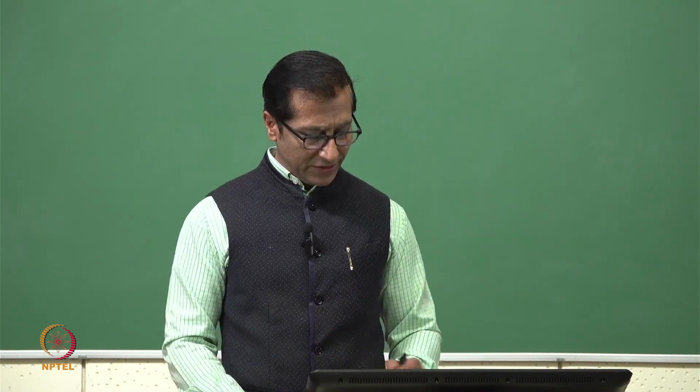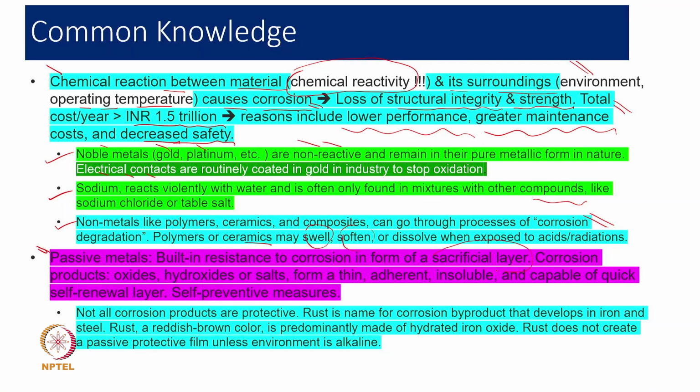This is what we sometimes call a sacrificial layer. This sacrificial layer can be an oxide, a hydroxide, or some sort of salt. But the good thing is that this sacrificial layer is thin, adherent, insoluble and capable of quick self-renewal.